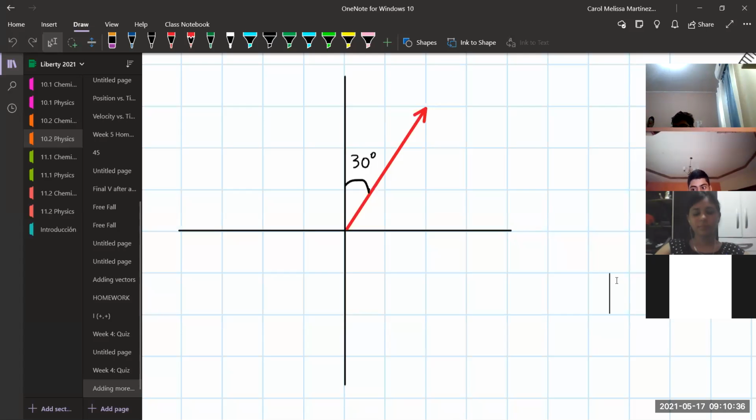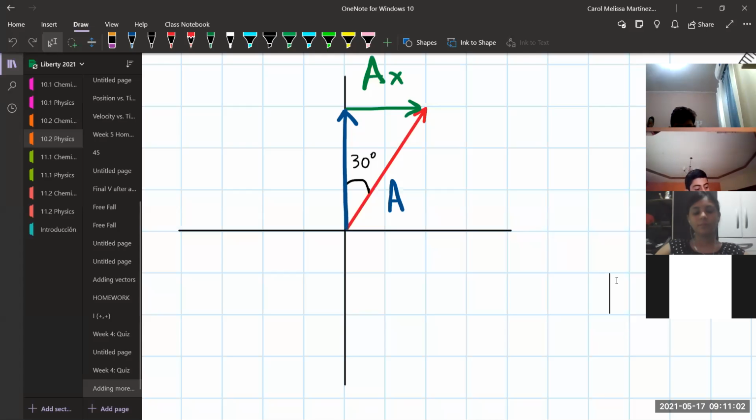And then I say, guys, how are my components going to be? For example, my x component, let's say that this vector is called A. So my component Ax, how is it according to the angle? Opposite or adjacent?